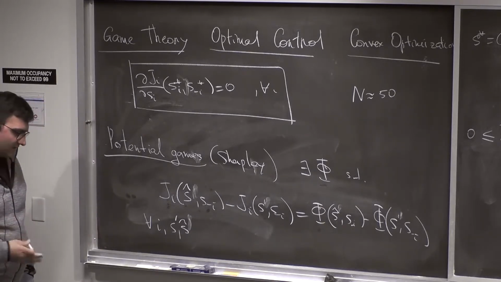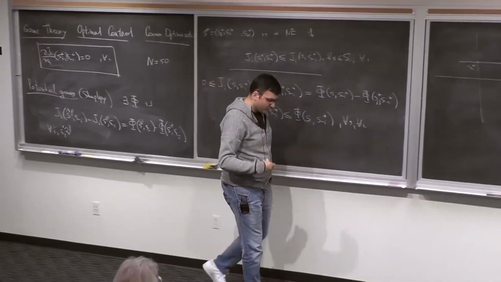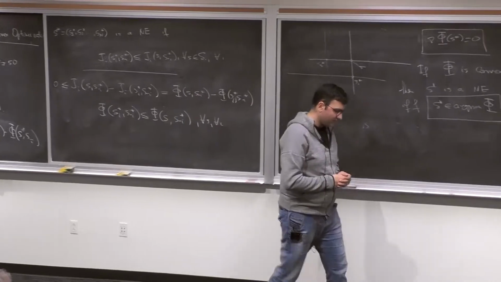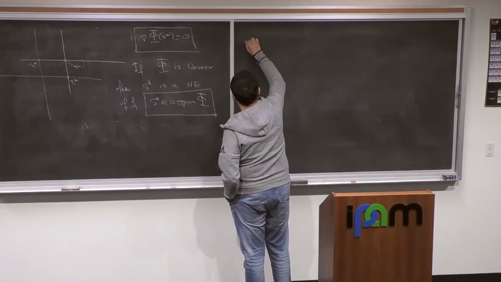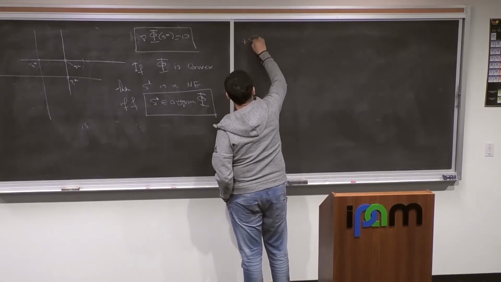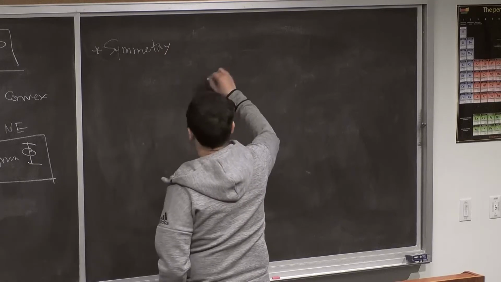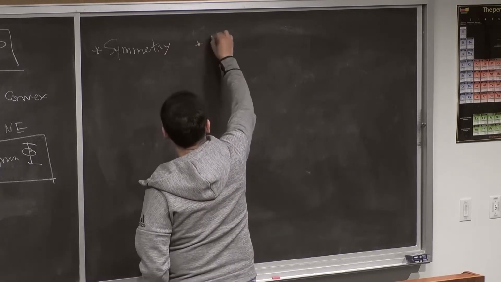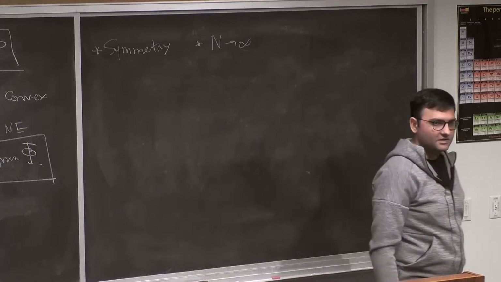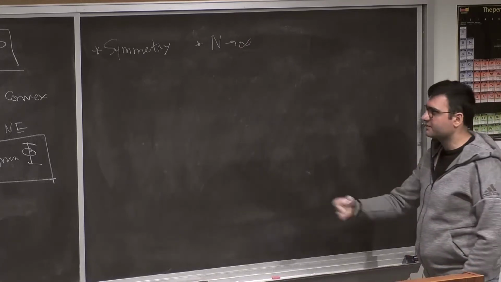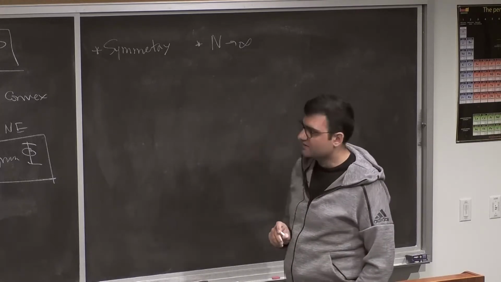So what are the conditions under which we can try to simplify the problem? There are two of them: symmetry and sending the number of players to infinity, okay? Because we're expecting some kind of things similar to statistical physics happening.